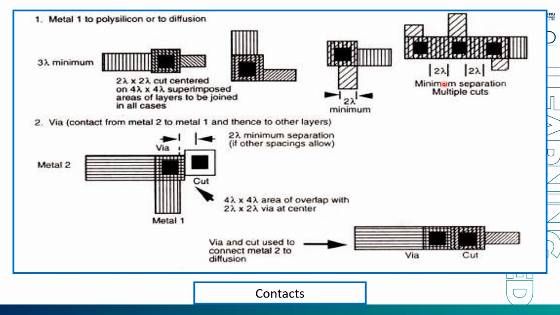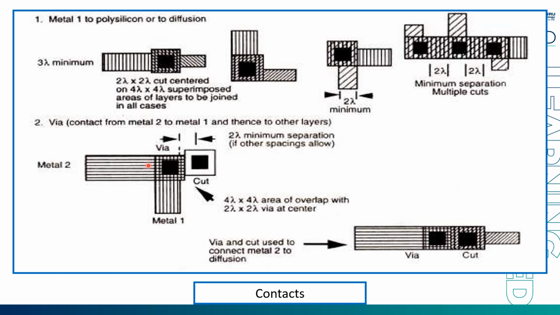Between the contacts there is 2 lambda. And the extension from this one contact also has to be 2 lambda. This extension is 2 lambda plus 2 lambda, cut centered. So all these have minimum extensions, minimum lengths that have to be maintained.